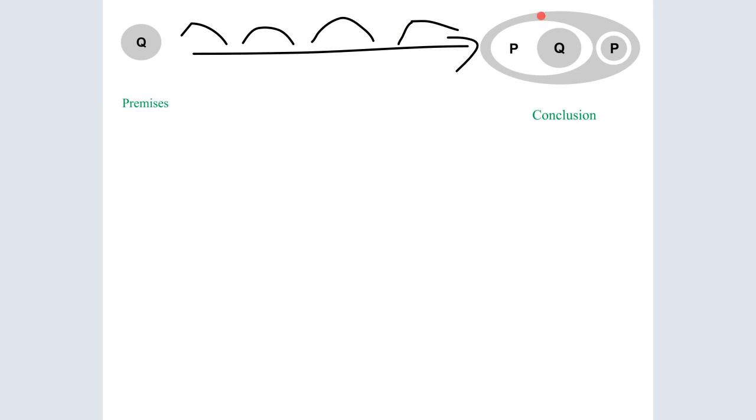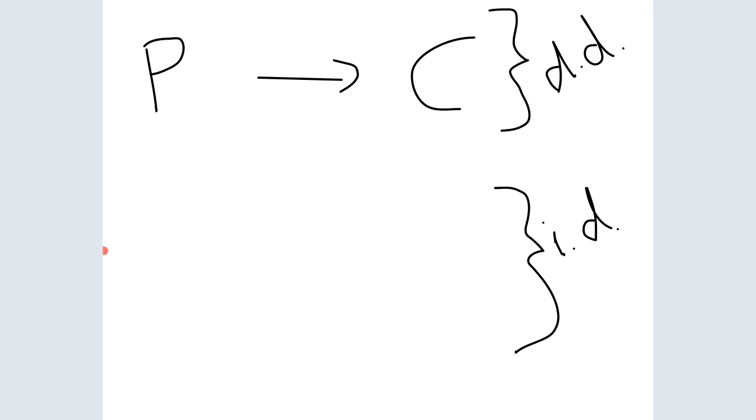So if you nod yes to the premises with your head and you nod no to the conclusion, that is, you deny the conclusion, yet the argument is valid, you're going to end up shooting yourself in the foot. And that's called indirect derivation. Indirect derivation works like this.